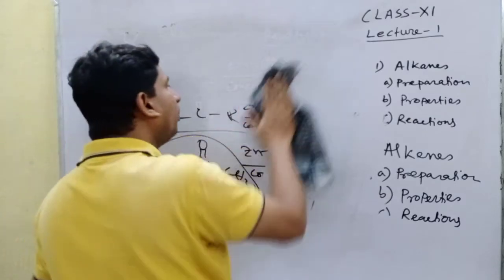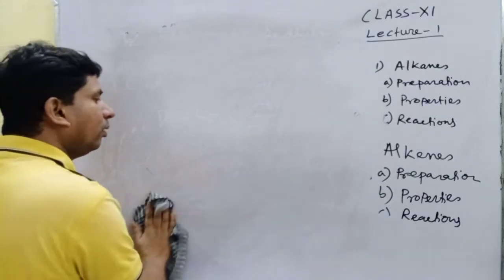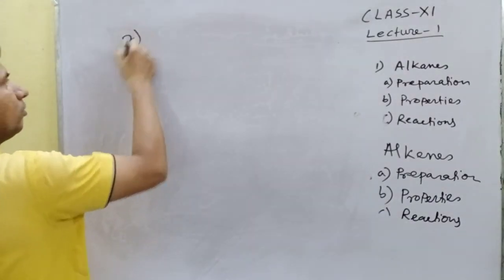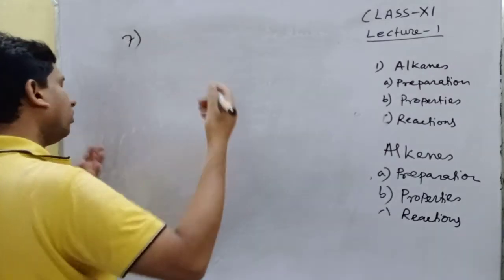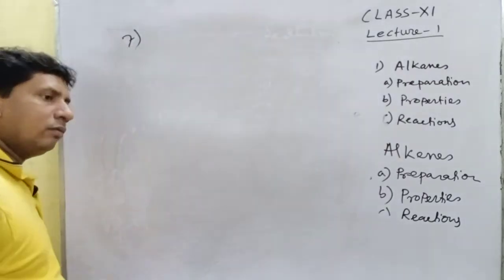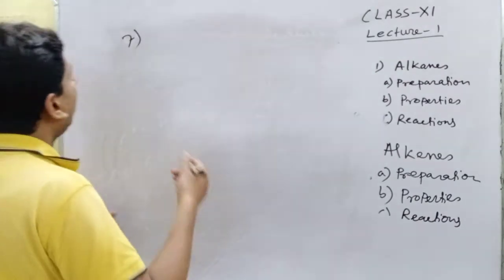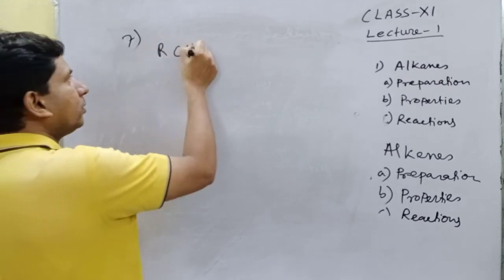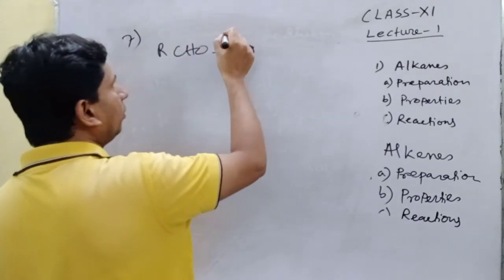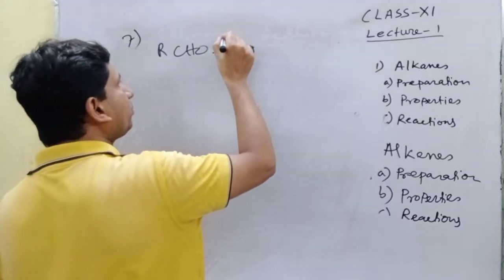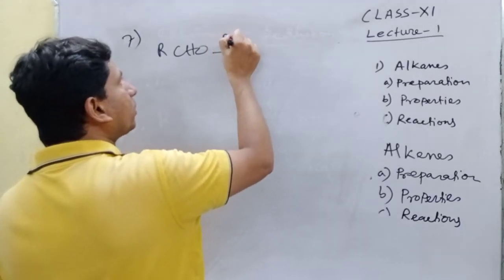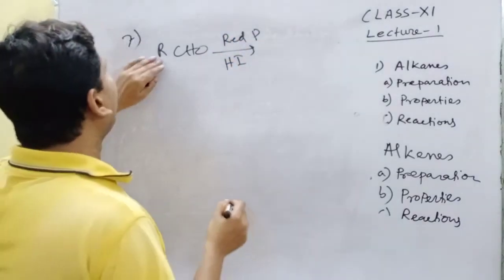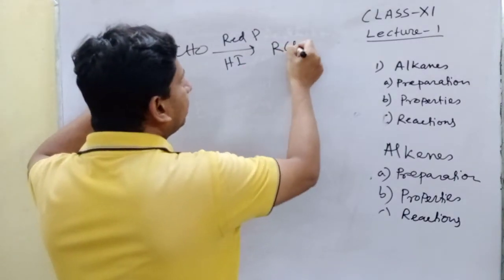And by the reduction with HI in the presence of red phosphorus, from an aldehyde or acid or any type of ketone, that is RCHO, in the presence of red phosphorus and HI we will get RCH3.